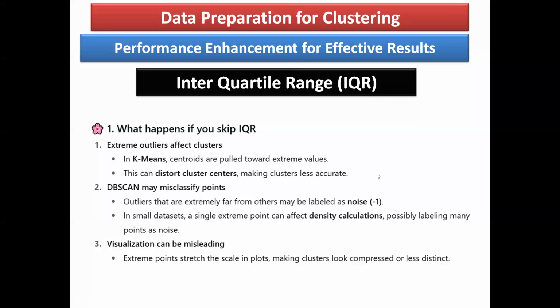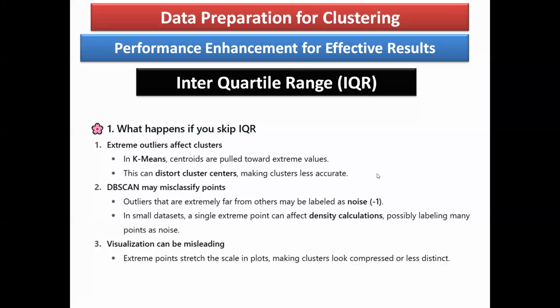But if I am using IQR, IQR will remove 100. So I will pass only 1, 3, 5 to the K-means algorithm rather than 100. In the same way, for example, I have some data values: 1, 1, 2, 3, 5, 25.